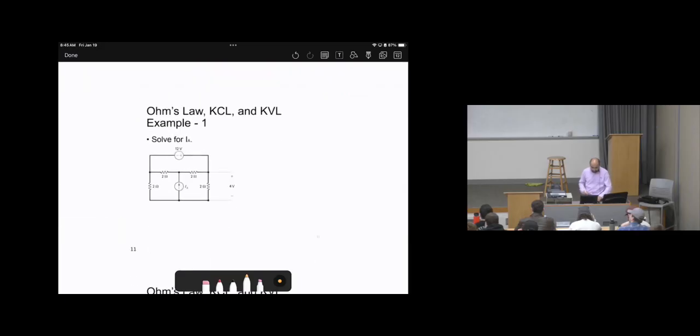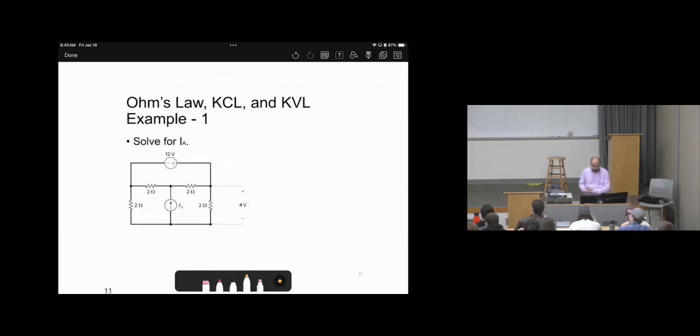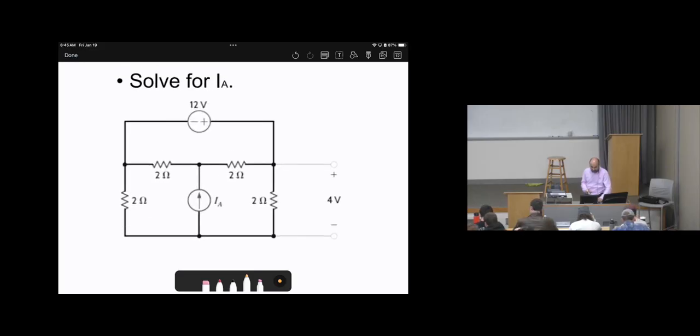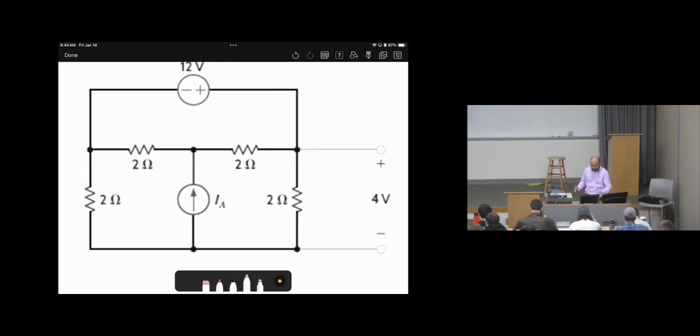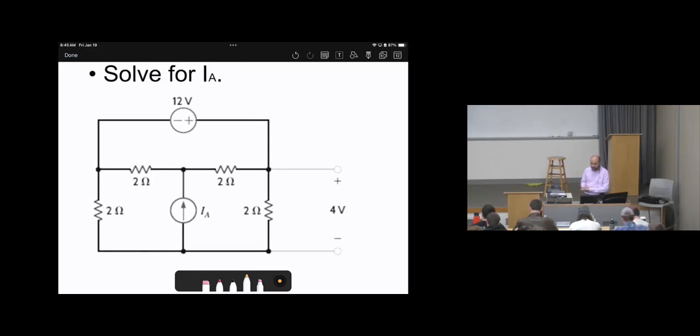Okay, now before discussing this example, I need to write some procedures on how to make some definitions or how to start solving the circuit. Like this example in KCL, KVL, not all of the current directions are given, right? We need to find IA. The current directions are not given. The voltages are not given, right? So what should I do? How can I assume them?